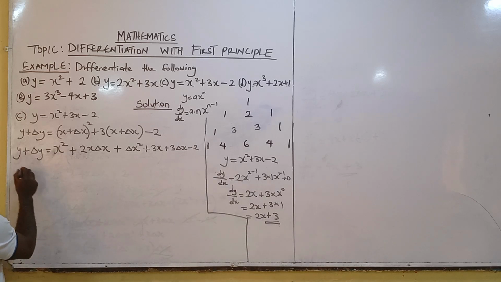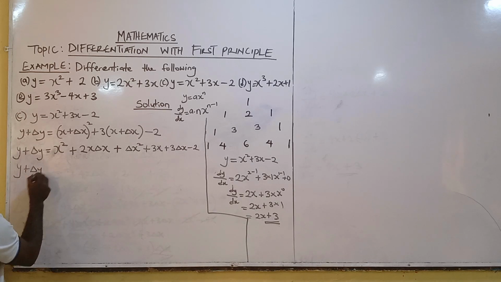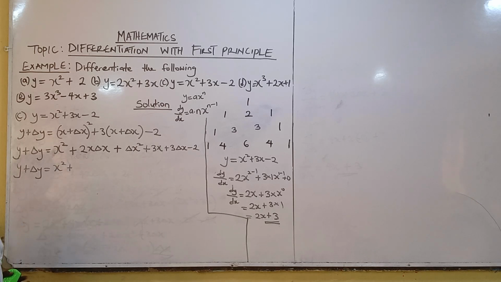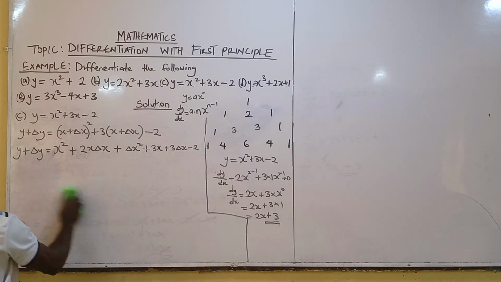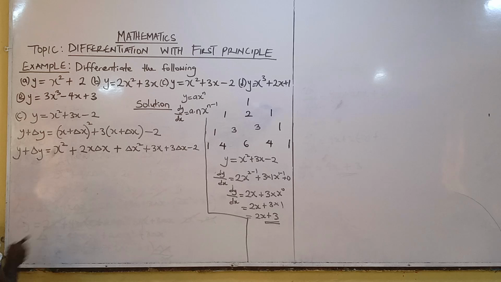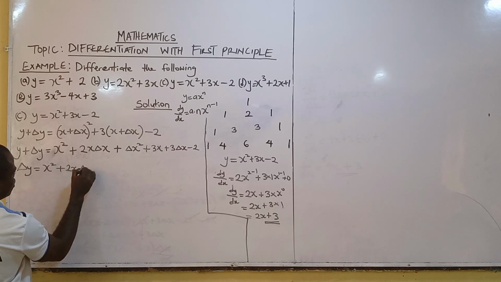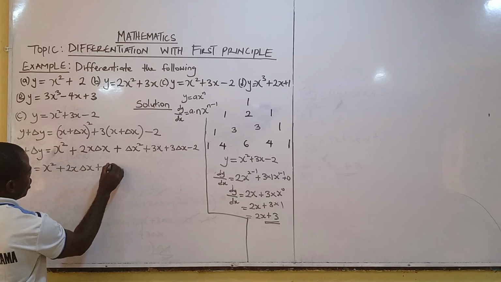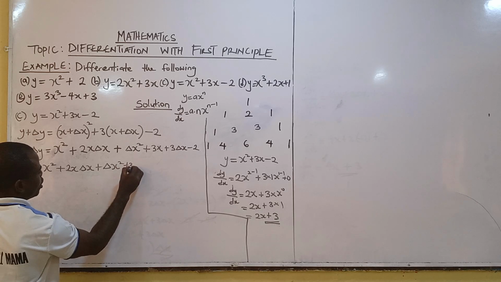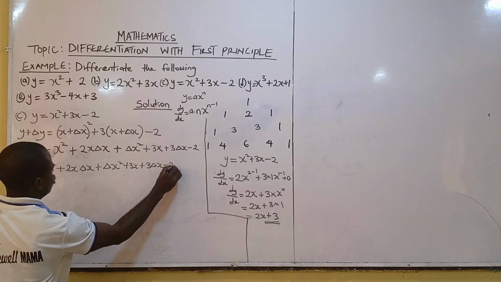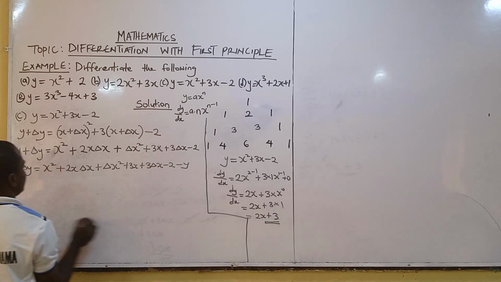Now y plus dy equals x squared plus 2x dx plus dx squared plus 3x plus 3 dx minus 2. Let's now take y to the other side. So now we have dy equals x squared plus 2x dx plus dx squared plus 3x plus 3 dx minus 2 minus y.